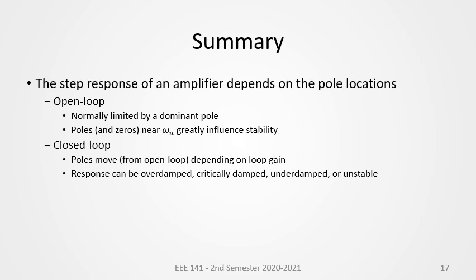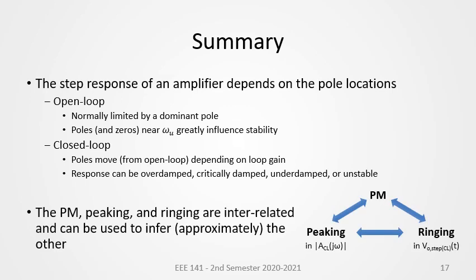Depending on where the poles end up, the response can be overdamped, critically damped, underdamped, or unstable. The phase margin, as measured from the loop gain T of j omega, the peaking, as observed in the closed loop magnitude response, and the ringing, as observed in the time domain step response, are interrelated and can be used to infer approximately the other.